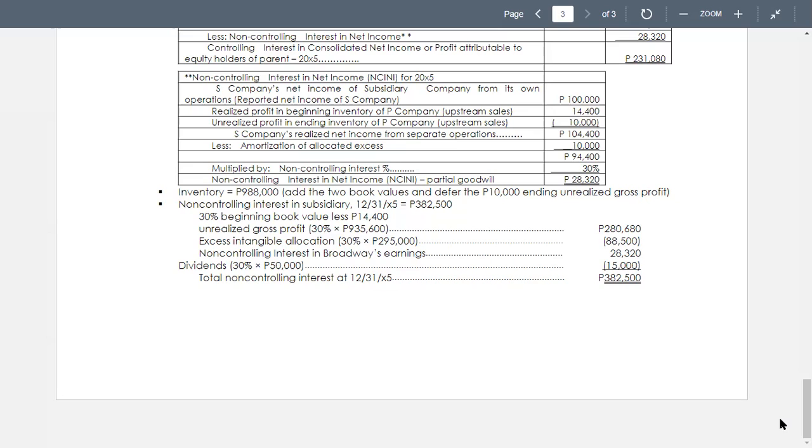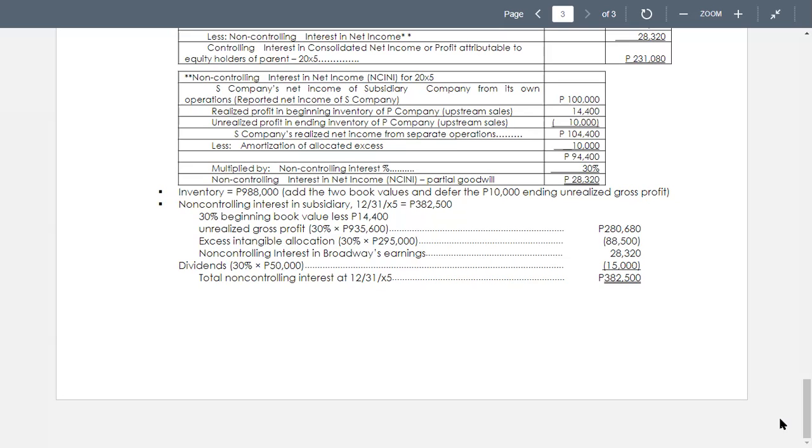Number 15, assuming the dividend declared by Arid for 20x4 amounted to 60,000. We have the 20x4 consolidated income statement showed investment income of. Under the cost method, it's 60,000 dividend, and then we multiply it by 80%.